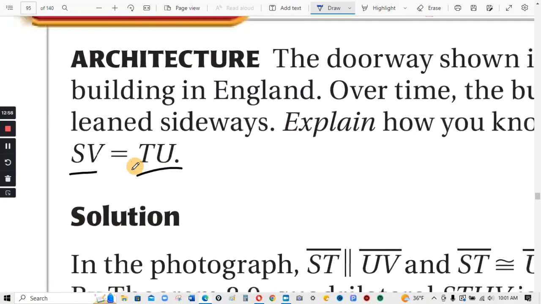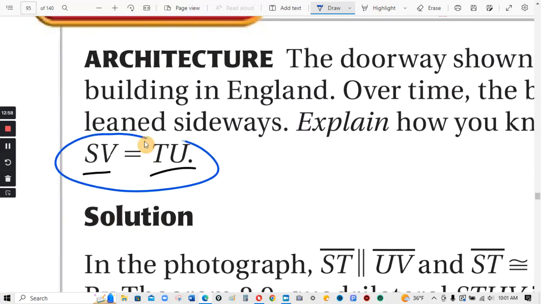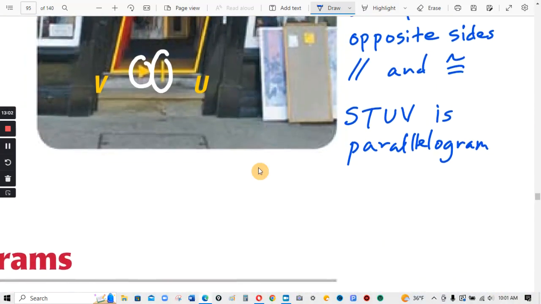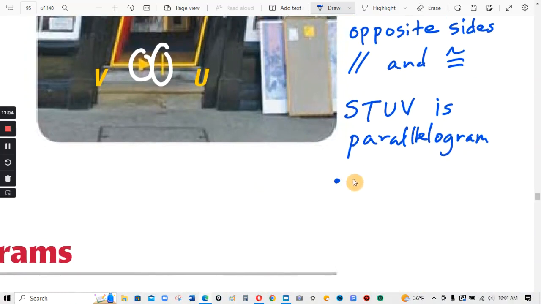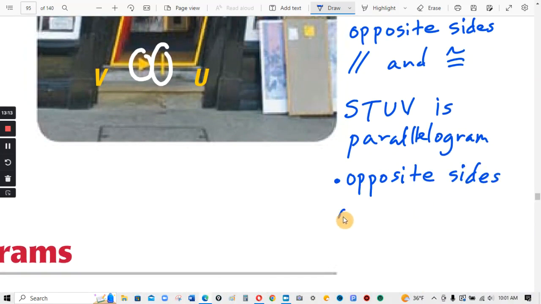They are asking to prove SV equals TU. But we know for a parallelogram that opposite sides are parallel and congruent. That's the definition of a parallelogram.